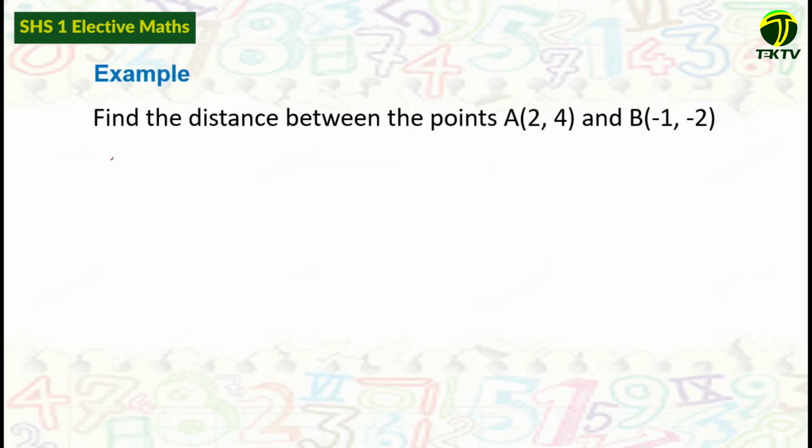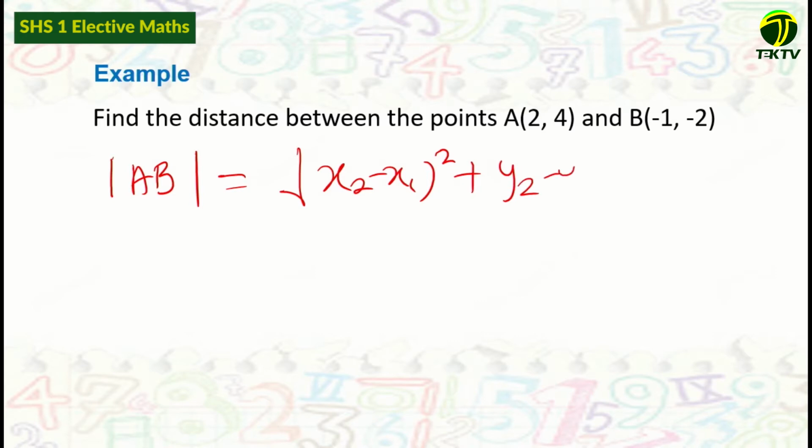We are finding the distance between the point A and B, so I have to write my magnitude sign there to indicate that we are looking for the distance between 2 points. And that should be equal to the formula, the square root of x2 minus x1 squared plus y2 minus y1 squared.